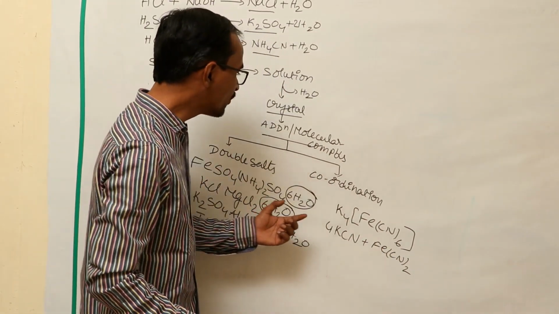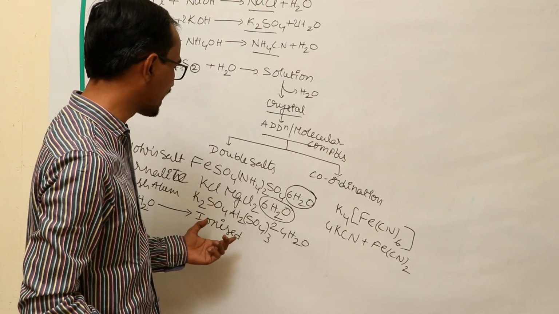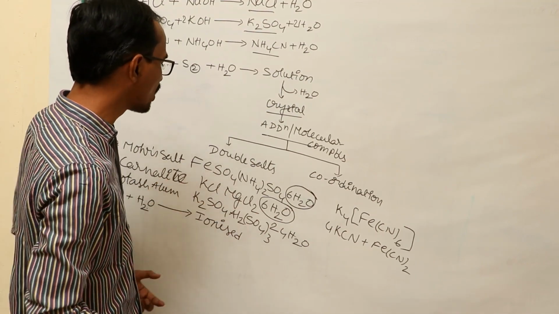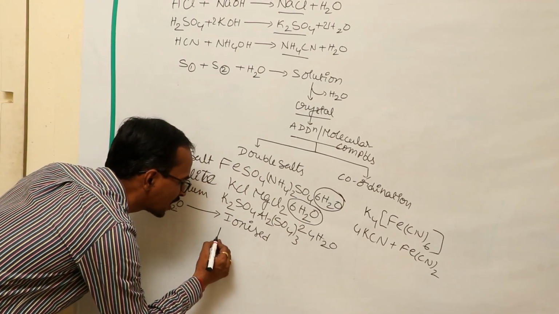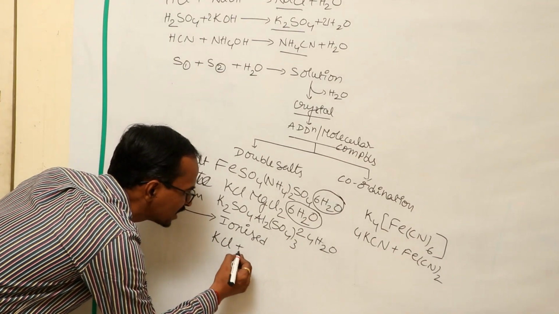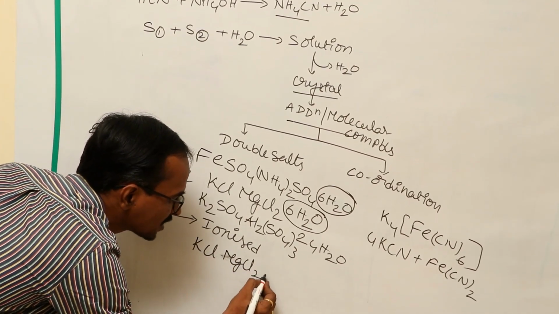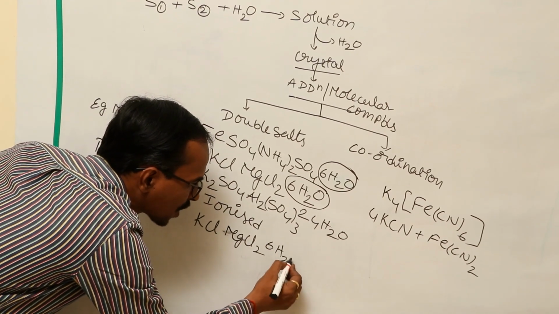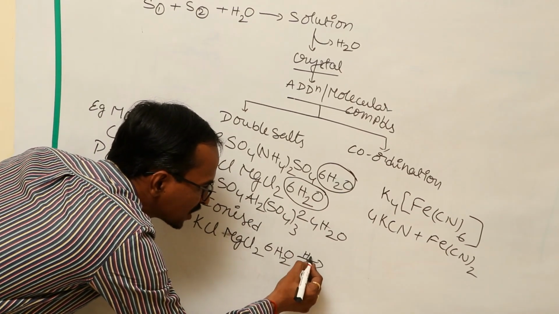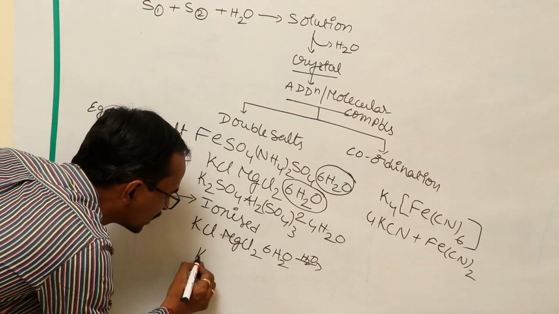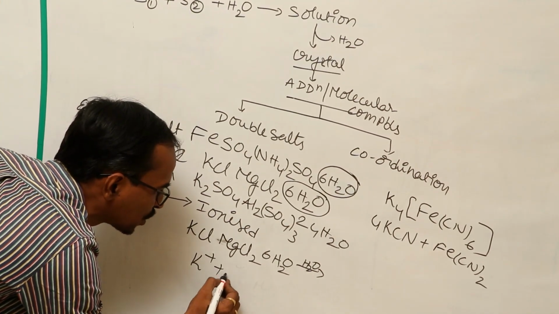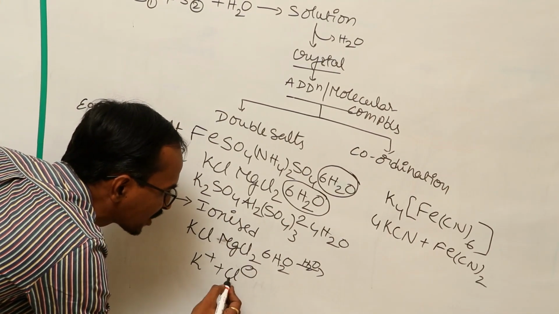So let us take one example here, carnallite. When carnallite, KCl.MgCl2.6H2O, is dissolved in water, you can find the potassium ion and chloride ion in the aqueous solution.